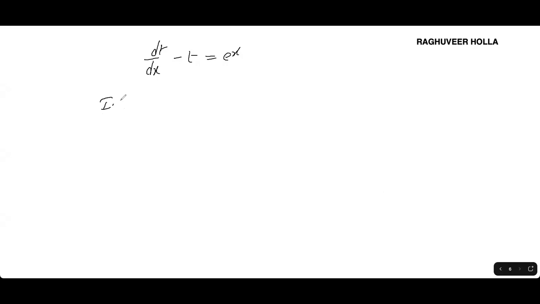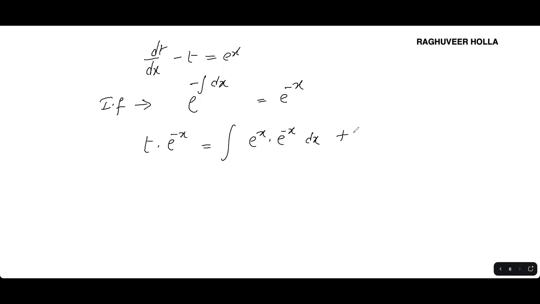So the integrating factor will be e to the power of integral of minus dx, so this is e to the power of minus x. So t into e to the power of minus x, that is the integrating factor, is equal to integral e to the power of x into e to the power of minus x dx plus c. So this is dx, right? So integration of dx will be x, and this is c.